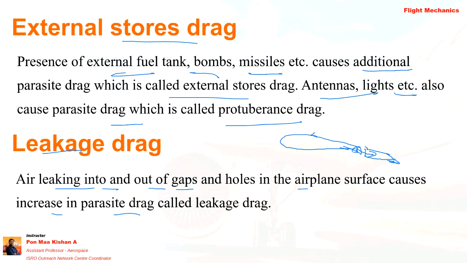This gap will allow air to pass either from up to down or down to up. Mostly it will be from down to up because the high pressure will be here, right? So it will try to escape from the high pressure to the low pressure region.